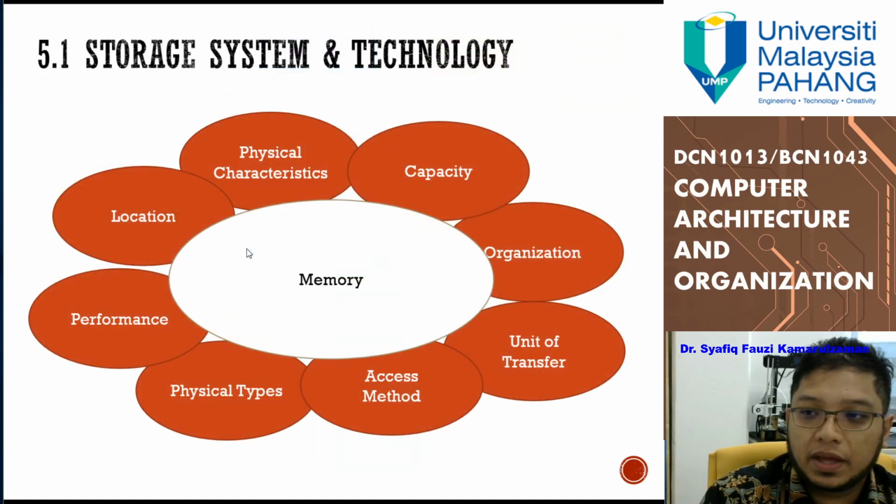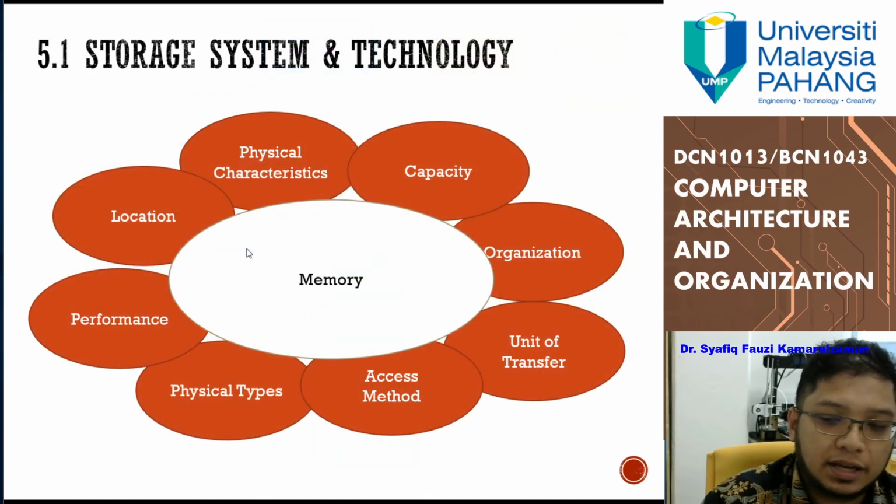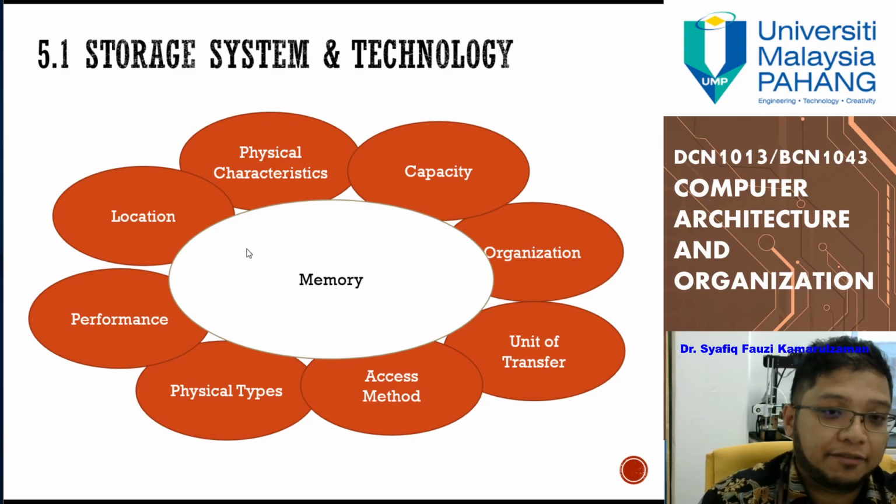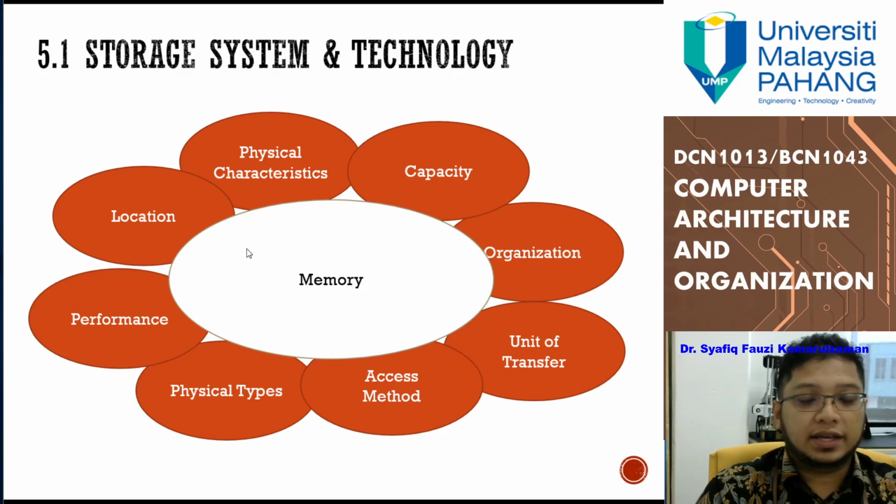So basically, inside the memory, we have 8 characteristics that differentiate the types of memory we have inside our computer.